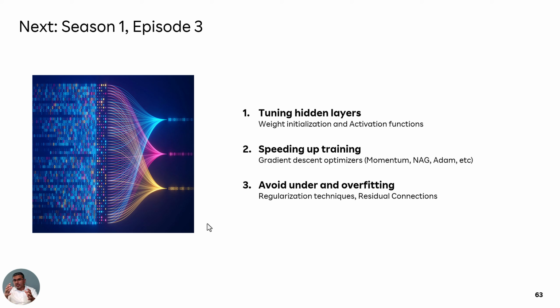We'll talk about different techniques in which you can optimize that. We have already seen the use of things like Adam in some of the demos that I showed you in this episode, episode 2, but we'll understand this a little bit more in episode 3. And we'll also finally study in episode 3 how you avoid over and underfitting so that you can make better predictions.